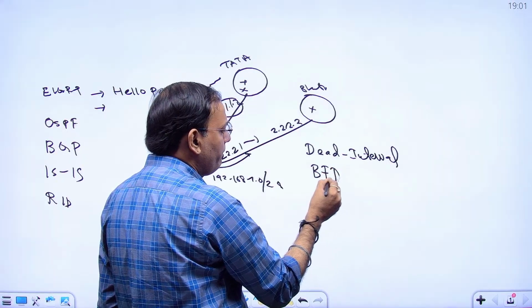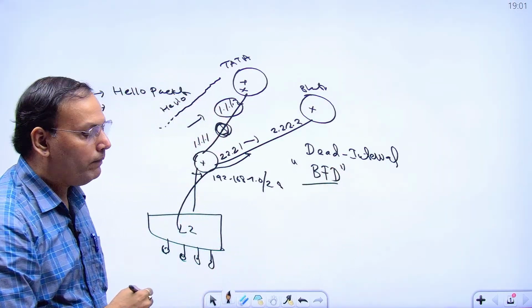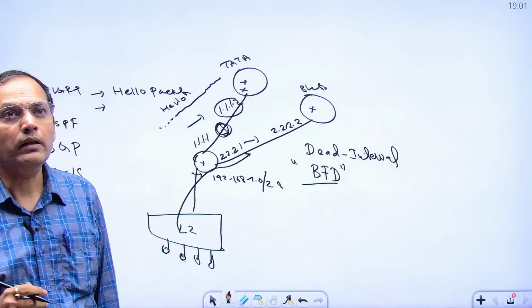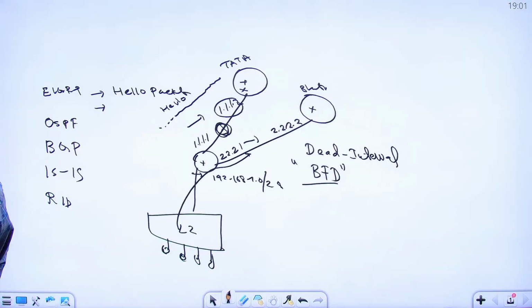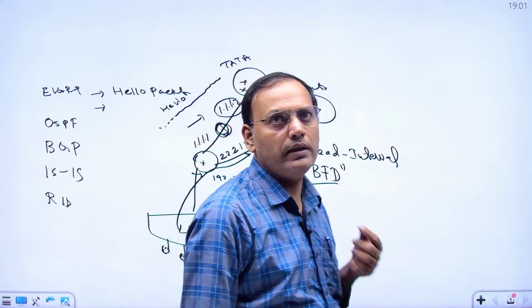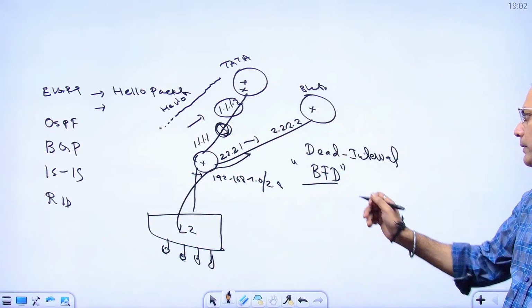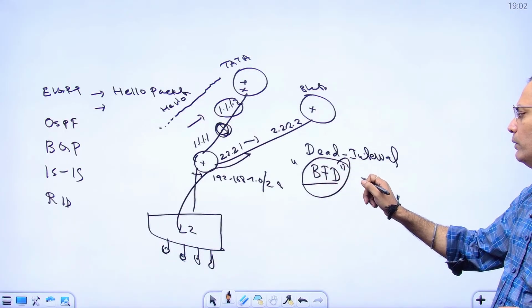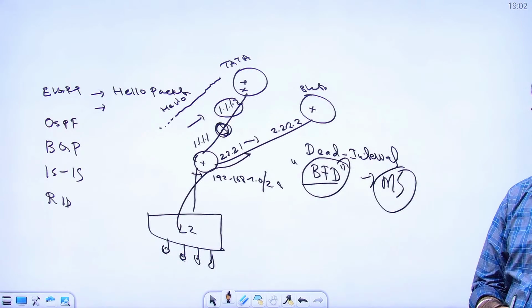That is quite a complex topic, I will not explain it today, but I can change my hello and dead interval timing as well. If anyone asks whether you can change the hello and dead interval in EIGRP, RIP, yes, I can change it. In OSPF also I can change it. By using BFD, I can bring the hello interval down to milliseconds, so the convergence will be quite fast.